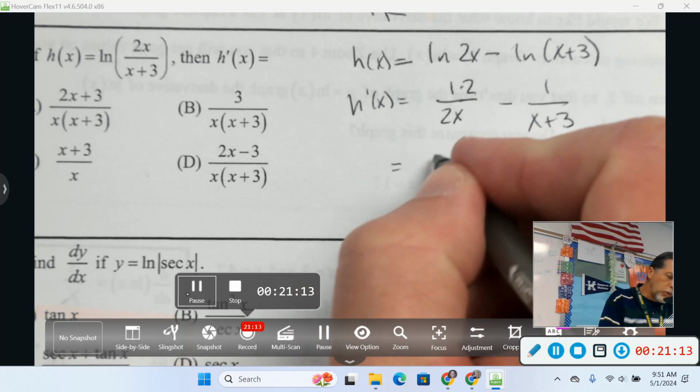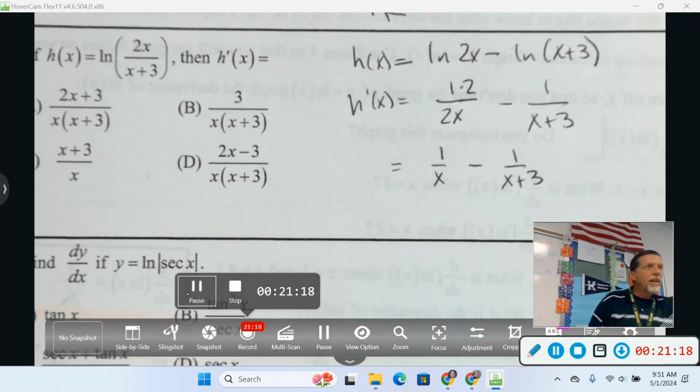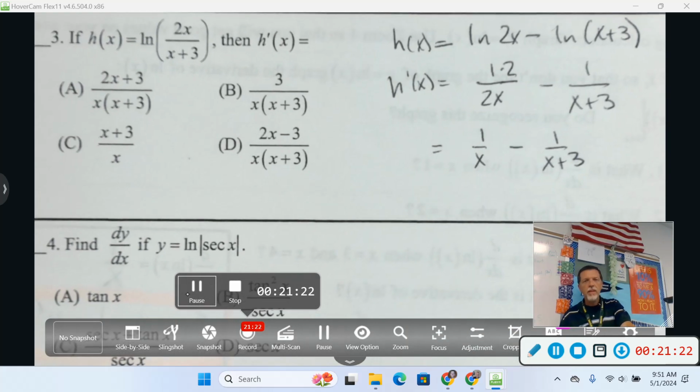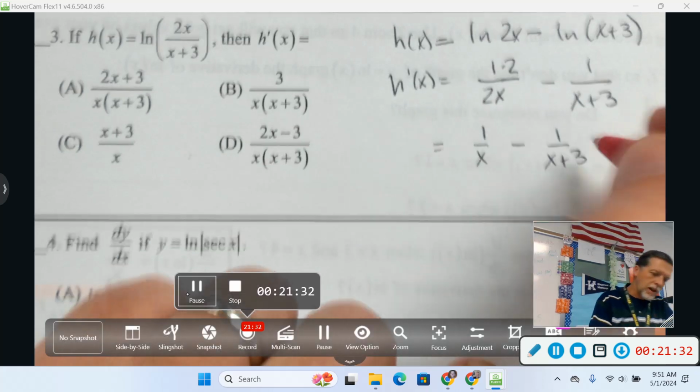Let's see, the 2's will cancel. And that doesn't look like any of my answer choices. I mean, I guess it's kind of close, but what do I need to do in order to make it look like one of my choices? Common denominator.